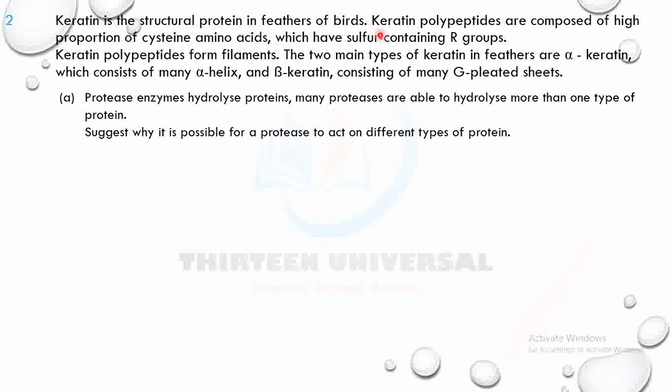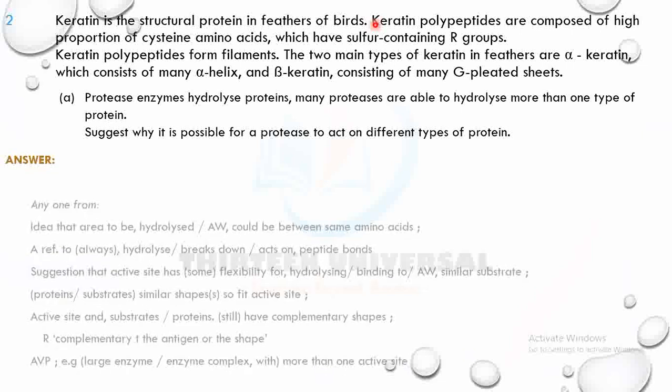This is keratin polypeptides. The enzyme possibly breaks the peptide bond between specific amino acids, and they have the same amino acids. So they have the same site where the enzyme acts, the same amino acid, the same bond.